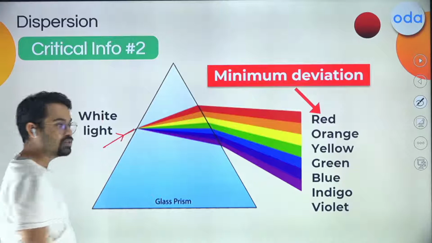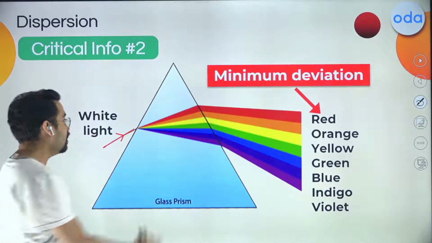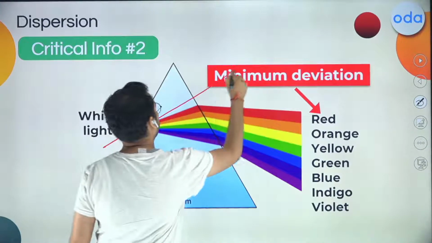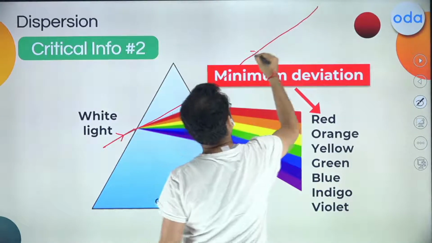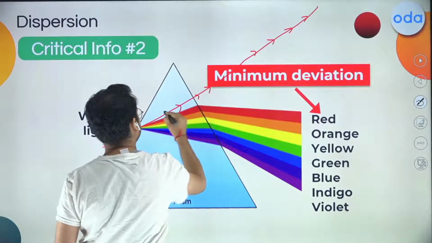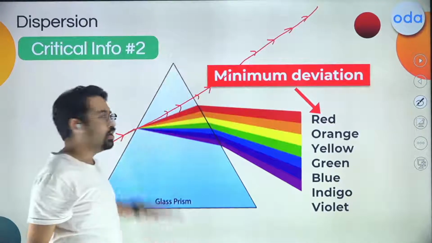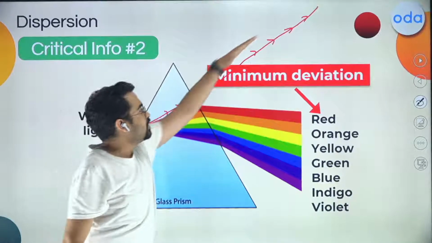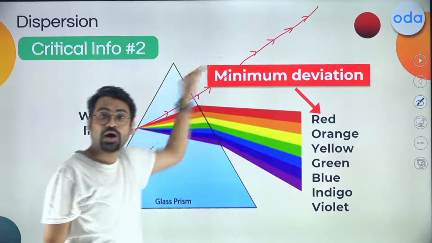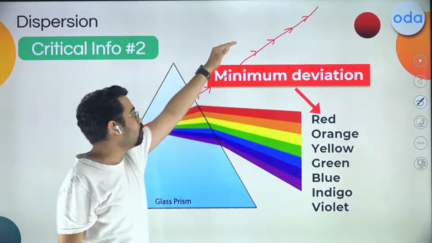It comes like this. This is not red. This is white. If the prism was not there, it would have gone like this, right? It would have kept on going like this. This is the trajectory. This is the path that white light wanted to move.